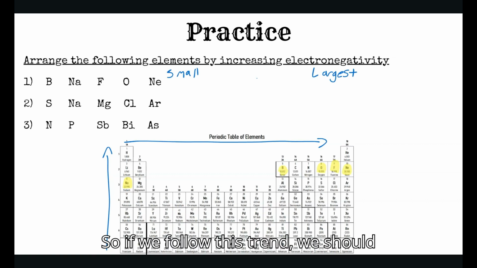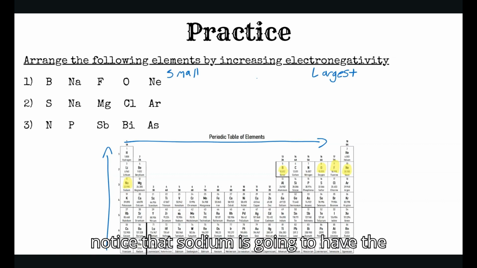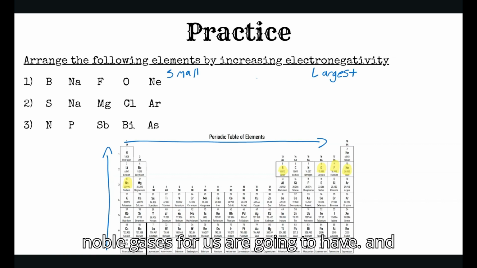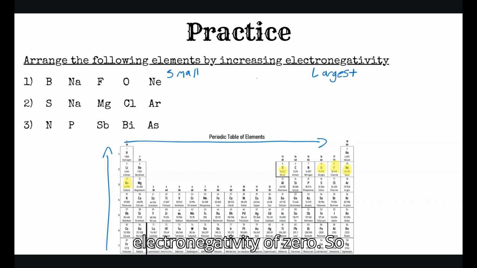If we follow this trend, we should notice that sodium is going to have the smallest electronegativity. But we have to remember the noble gases. The noble gases are going to have an electronegativity of zero. So in this case, neon is going to have the smallest electronegativity.